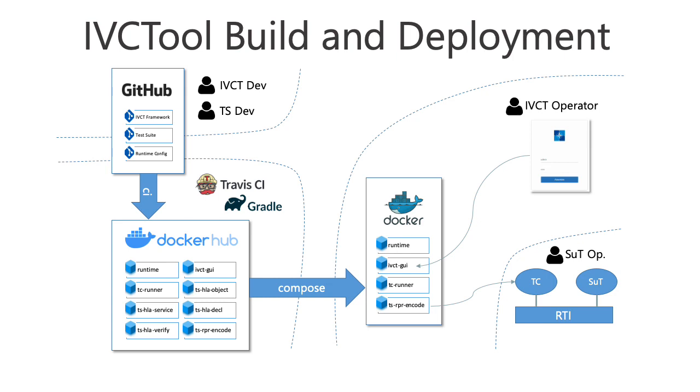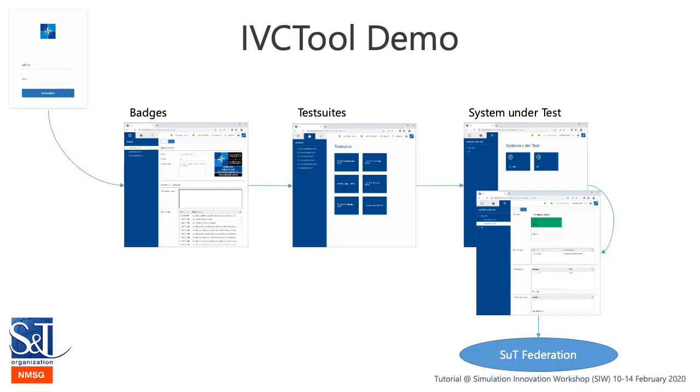So now the point where I can quickly show you how the tool really looks like. Okay, that's the web browser that's used to use the tool. You have to log in, of course, and then the interface is quite simple. You have three different areas here.